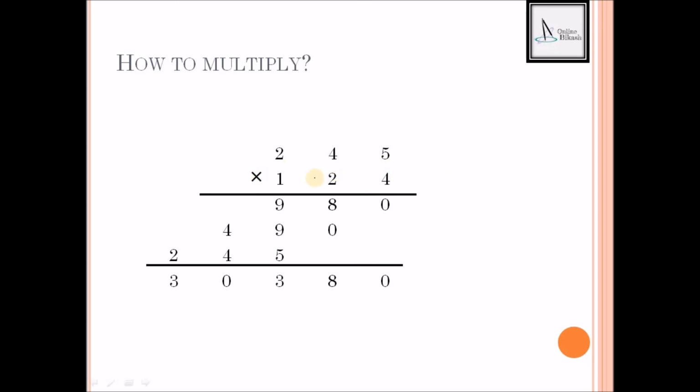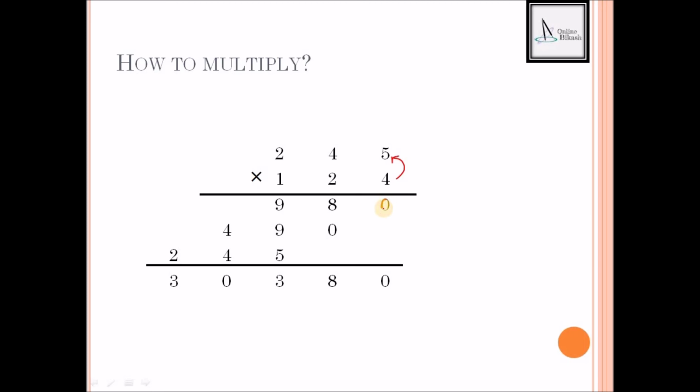245 is multiplied by 124. Always you start from this number, the bottom right number. If you multiply this 4 with 5, first we have to multiply with this one. 4 5s are 20, so it is 0.